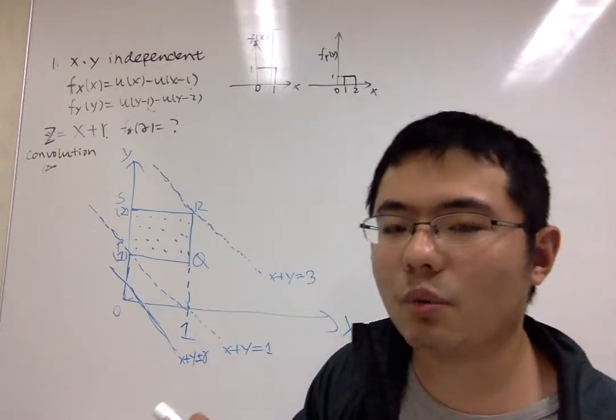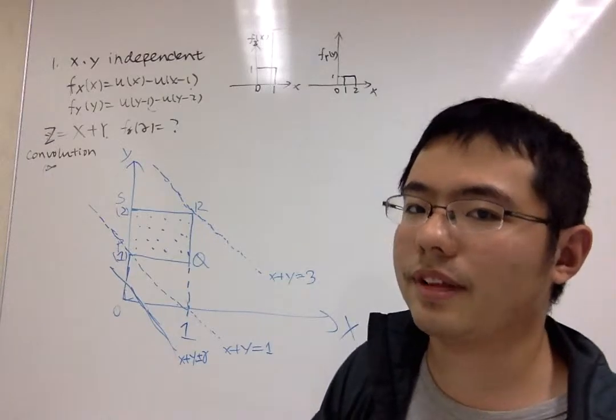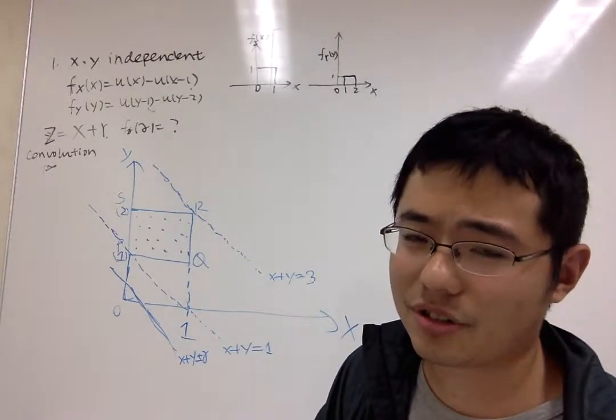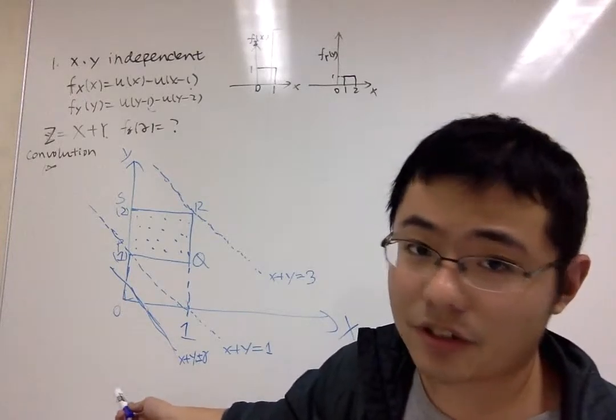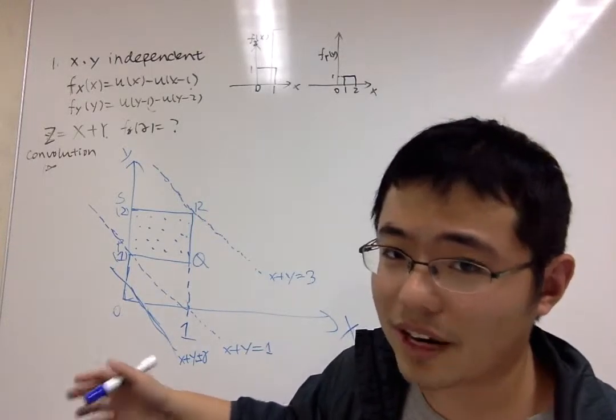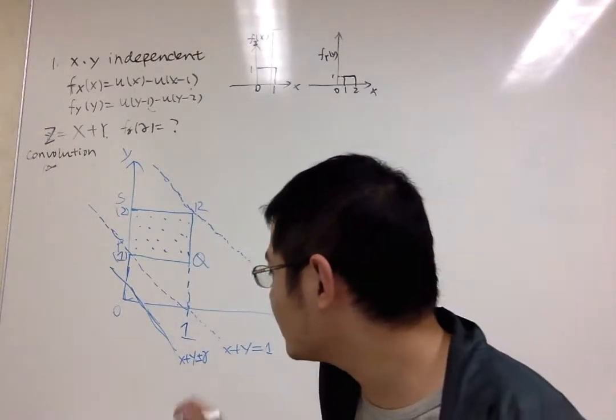Well, first we need to know how such curves look. As we know, this is a linear function, so the graph is just a straight line. It goes like this.